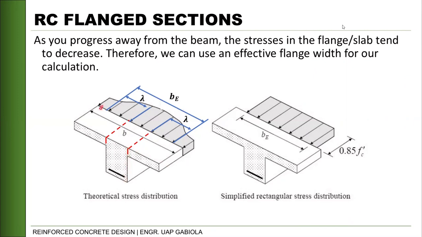Makikita natin yung kanyang stresses dito are yung stress distribution is lumiliit siya, no? And at some point, kayang-kaya na siya ng section. Kaya sabi ni code, we need to recognize a certain width na effective lang dun sa T-section natin.